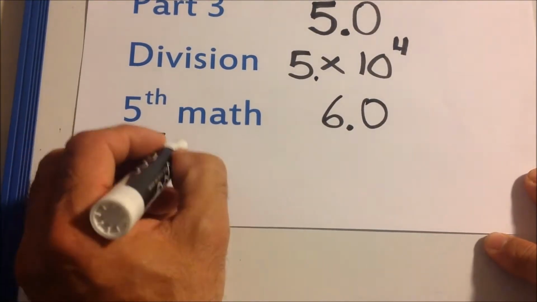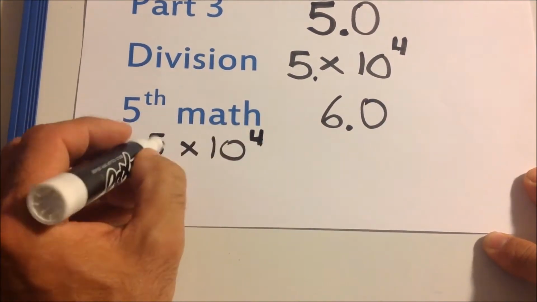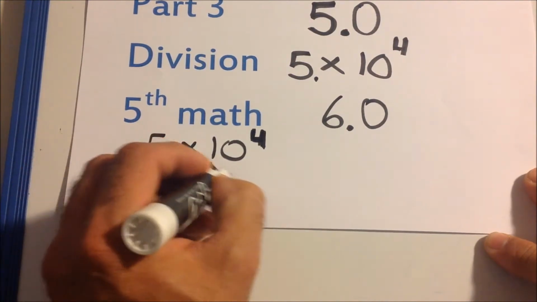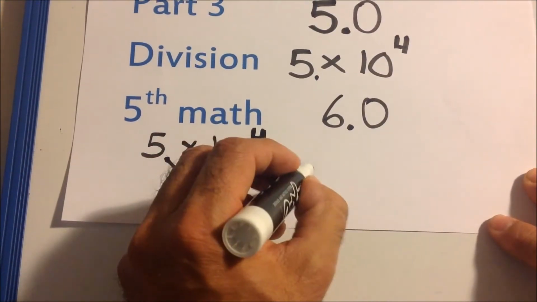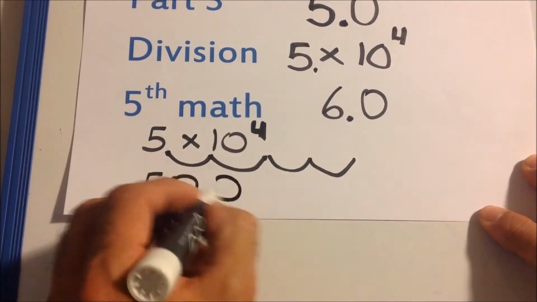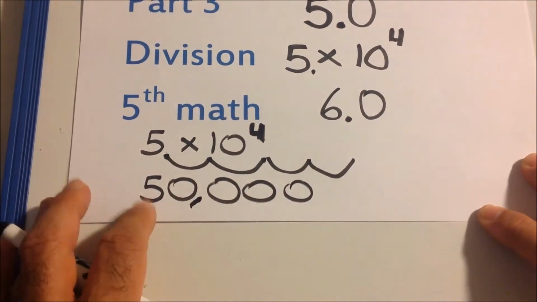So it's 5 times 10 to the 4th power, and the exponent is telling us to move the decimal 4 times. 1, 2, 3, 4. And we have 4 zeros. Right? 4 zeros there, 50,000.